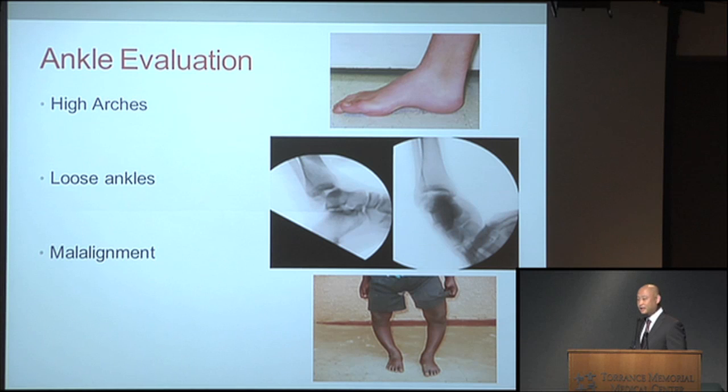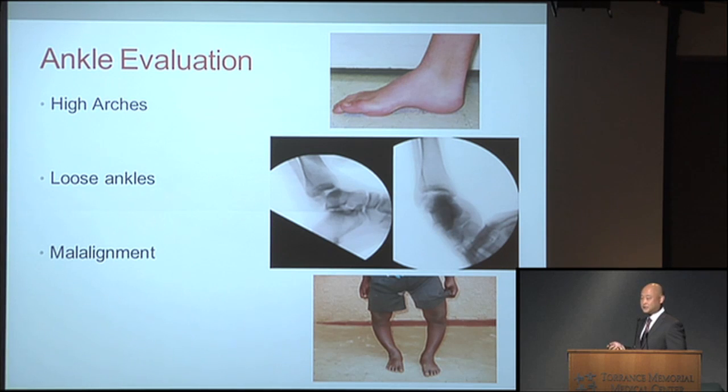And not only that, especially if there are situations where there are recurrent injuries, it's important to understand why this is happening. Is it because you're too clumsy or you're off balance? There are other reasons that are risk factors for getting recurrent ankle sprains, like high arches. People with high arches tend to have a tendency to roll or twist the ankle.